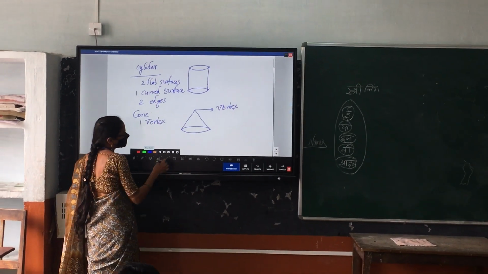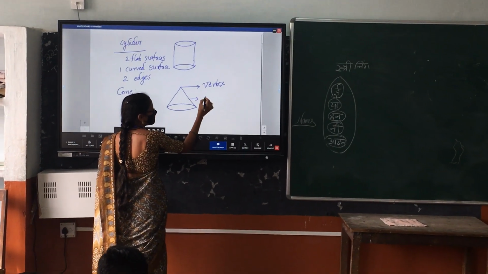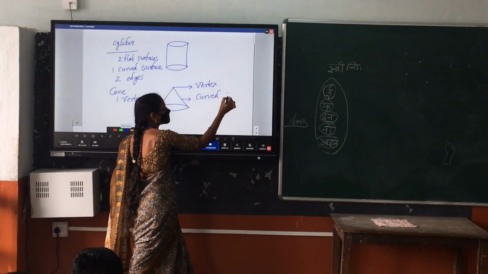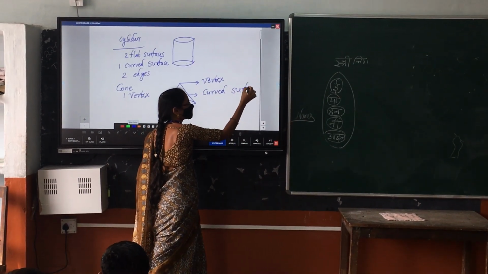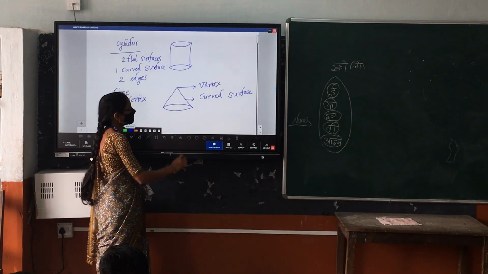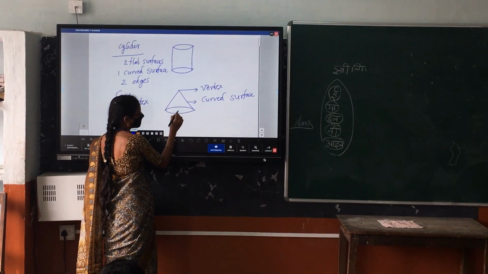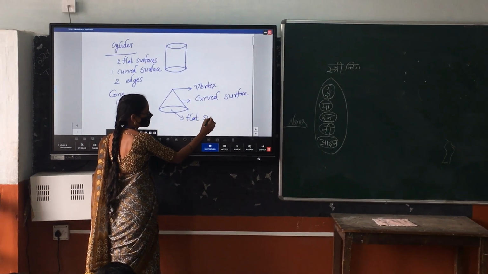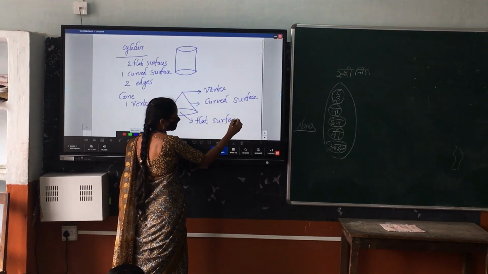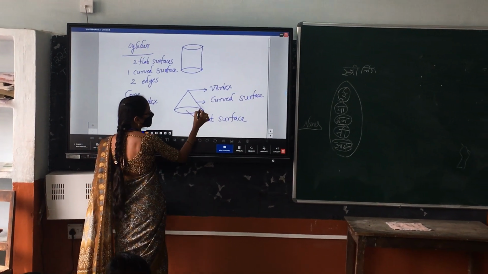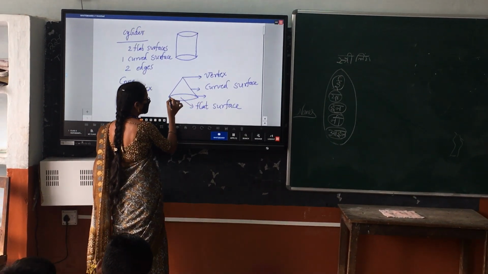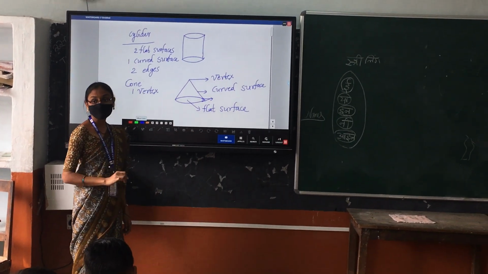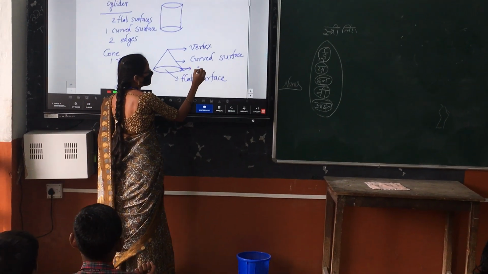One flat surface and a curved surface. And this one? Flat surface. And this one is an edge. One edge.